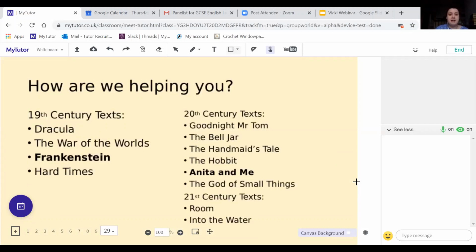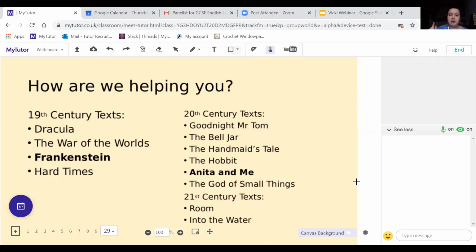And then in terms of practice, how are we helping you? These are the texts that I have given, and some of them might be up, I'm not quite sure, but they will be going up for you to have a go at. You've got 4 19th century texts. Some of them have full answers for you, some of them just have bullet points of the features you could talk about.